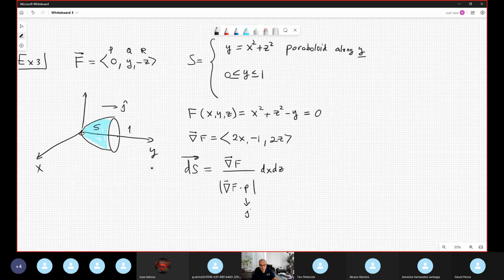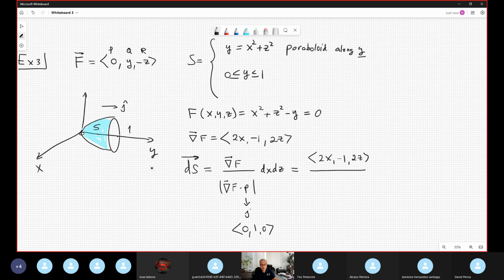It is this vector, 2x, comma, -1, comma, 2z, divided by the dot product. Remember j is (0, 1, 0). And you multiply this times this.